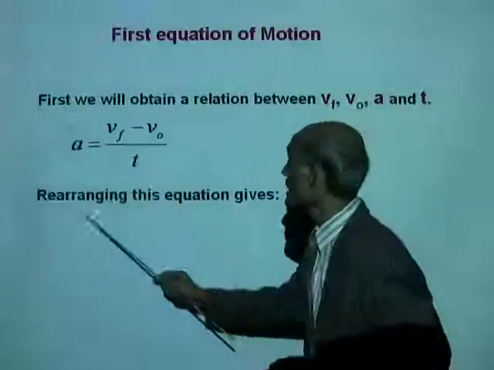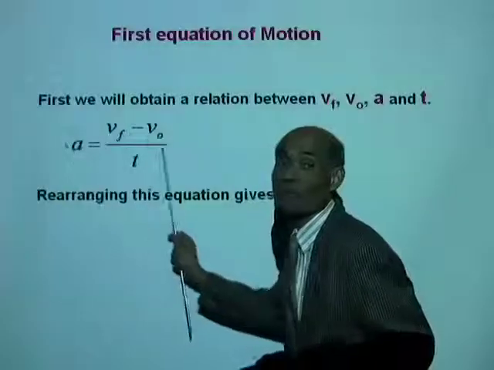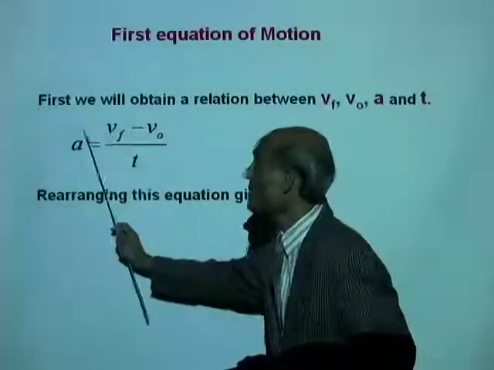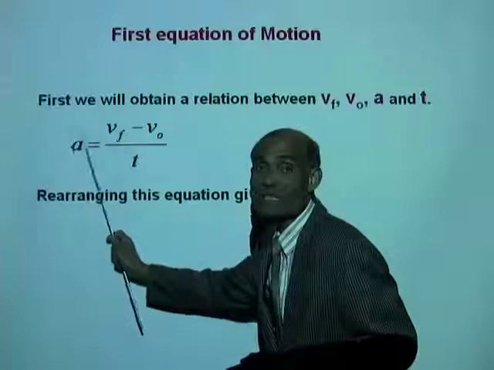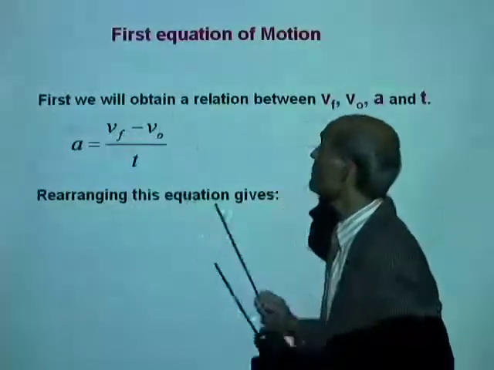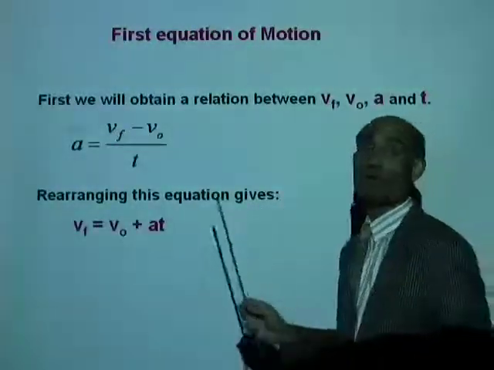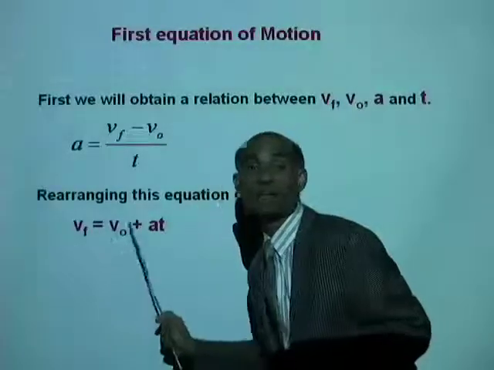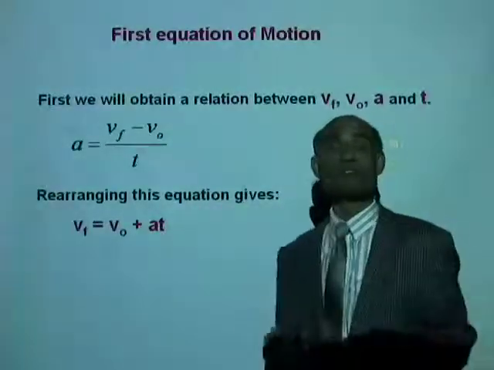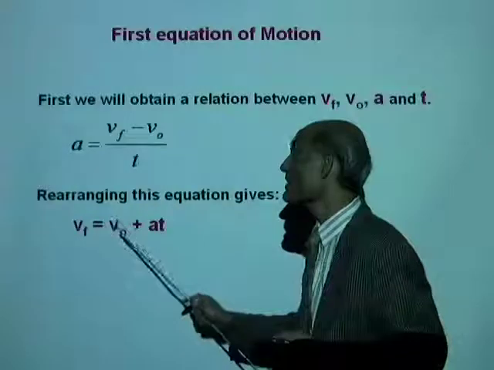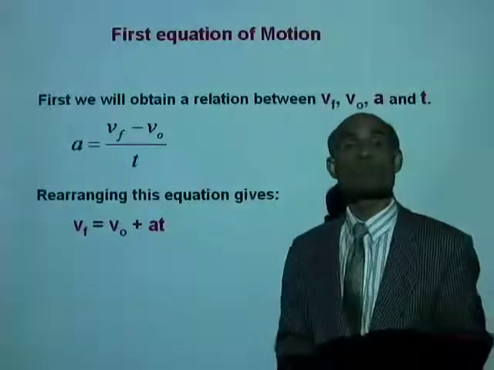Well, rearrange this. Multiply both sides by t. I can write A times t equal to Vf minus V0, or rearrange that and we get this beautiful equation. Vf equal to V0 plus At.